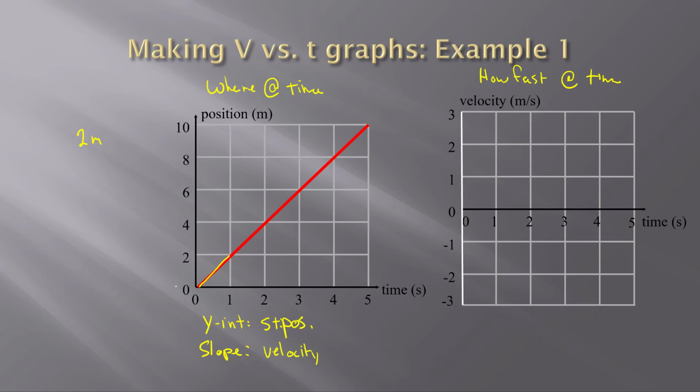It went up from 0 to 2, and it did that in 1 second. So that's going to be the velocity, which is 2 meters per second. That means from time 0 to 1, the velocity would read 2 meters per second.